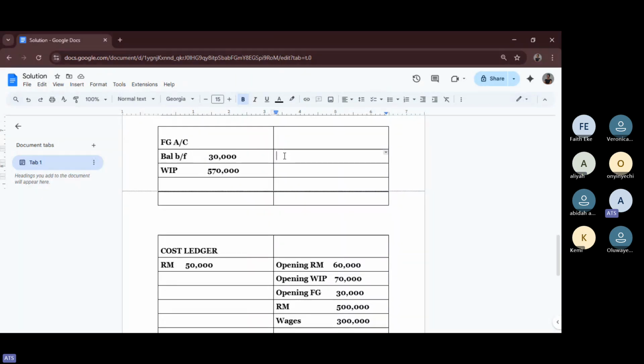So you come here, you close this account. So your balance carried down. How much is this? 600. 100,000.